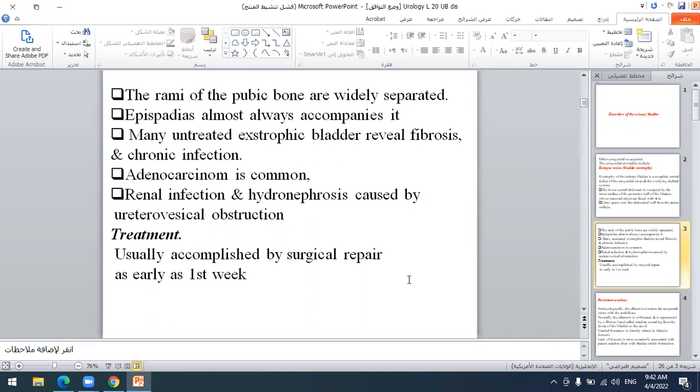It is associated with ectopia vesicae. If this infant is neglected by the family, it leads to fibrosis and damage of the bladder tissue, and there is also suspicion of conversion to adenocarcinoma.